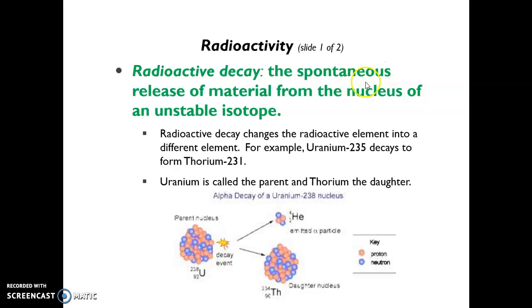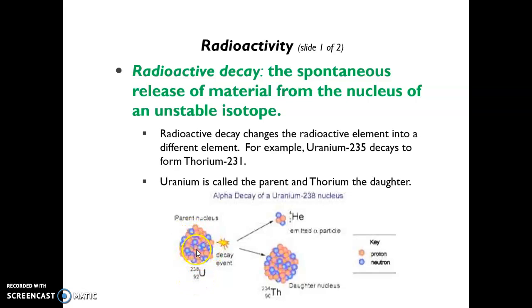Okay, so let's go back and recap what the definition of nucleus was. That's the protons and neutrons that make up the core and most of the mass of a particular element. And in this case of uranium, the 92 indicates the number of protons in this element. And you can see that the total atomic mass is much larger than 2 times 92.